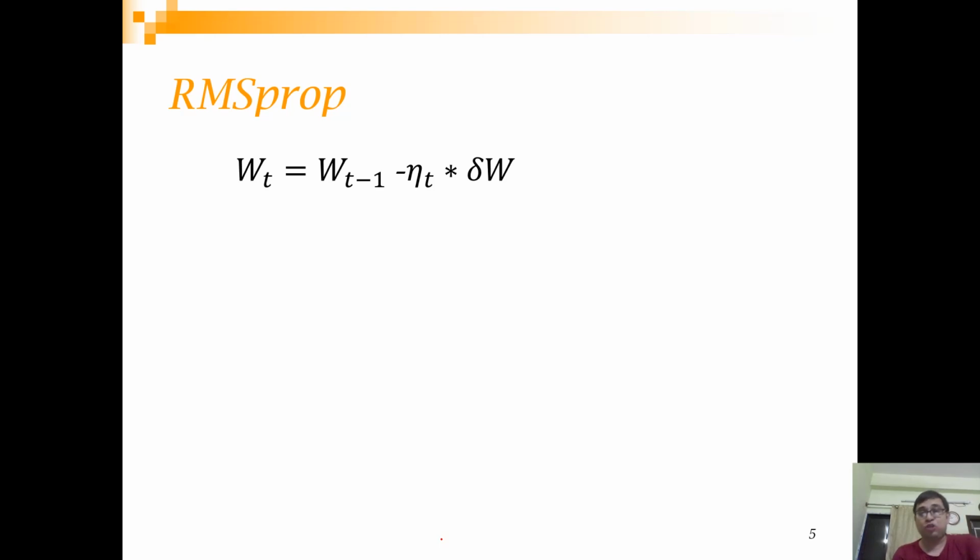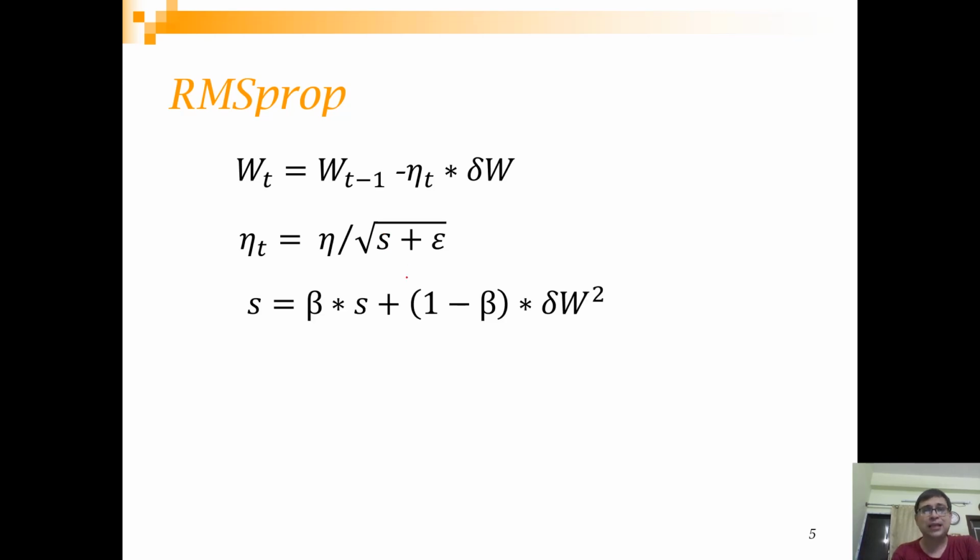Again, we are going to use the same concept of ADA grad. So this is what you have already seen in ADA grad. Instead of alpha t, we are just using this notation s. And what we are doing extra is decaying by bringing in some parameter beta. So what will be the effect?